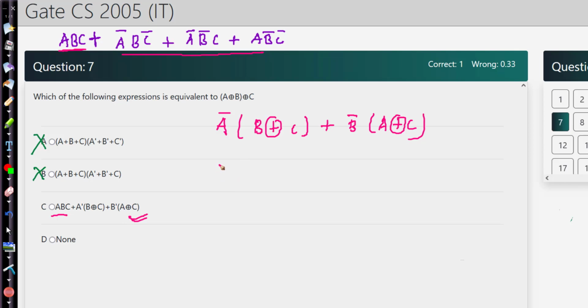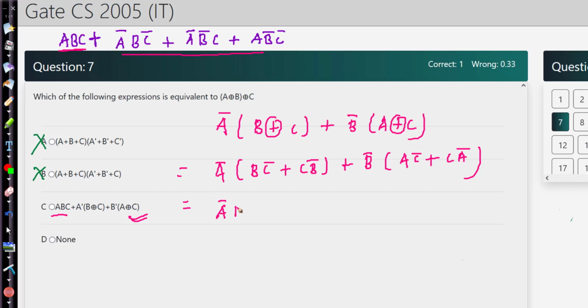So this will boil down to A complement times B C complement plus C B complement, plus B complement times A C complement plus C A complement. Okay, so this will boil down to A complement B C complement plus A complement C B complement plus B complement A C complement plus B complement C A complement.